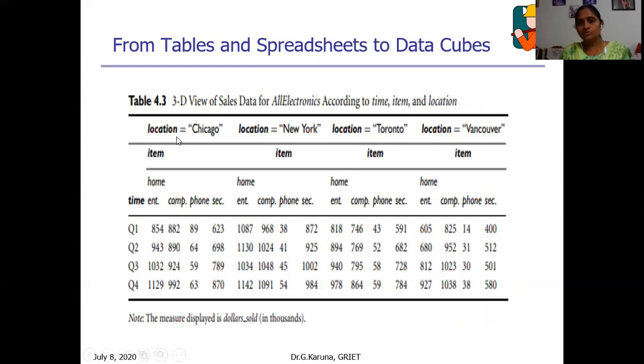Now I'm going to take 4 cities: Chicago, New York, Toronto, and Vancouver. So in addition to time and item, I'm introducing a third dimension. With respect to this third dimension, this is the representation of the 4 cities: location, item versus time. This is called a 3D view of the sales details of the AllElectronics company.